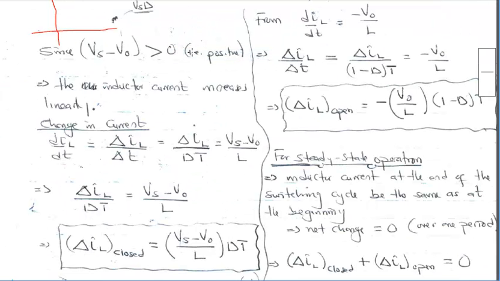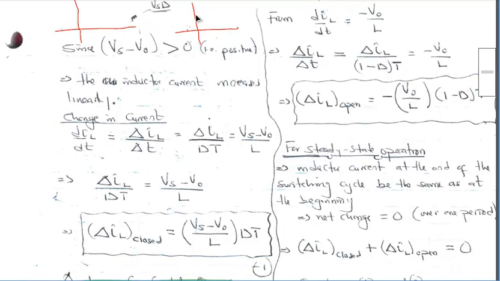If you sketch the current through the inductor when the switch is closed, we are going to have current going up like that. So it keeps increasing when the switch is closed because the voltage across the inductor is positive. Let's go ahead and erase that.